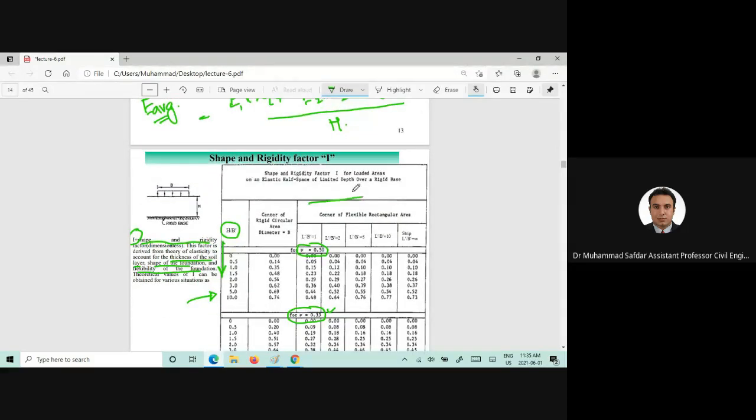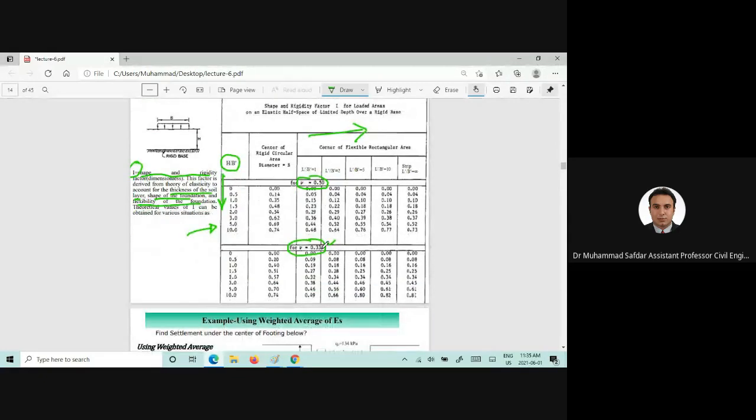Once we get those L prime and B prime values, for example, if the Poisson ratio is 0.33 and you came up with H by B prime 1.5 and L prime divided by B prime is 5, you can go here. 0.25 would be the shape and rigidity factor, but sometimes you will get a value in between these two.